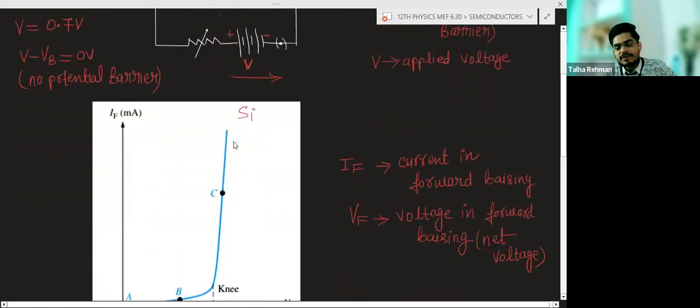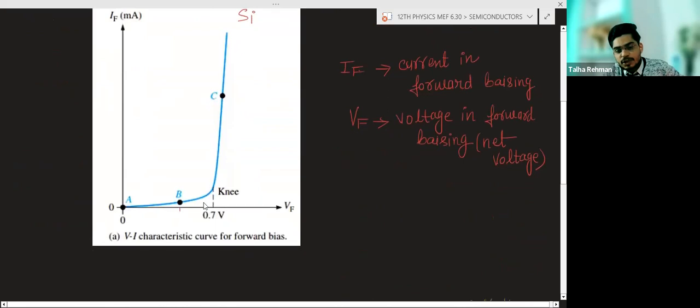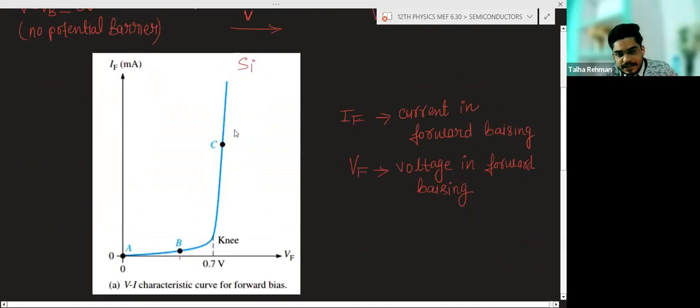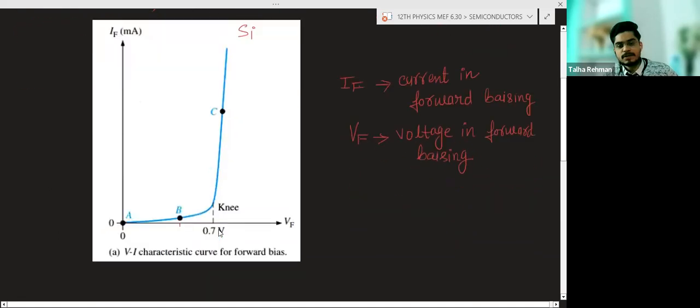Means net barrier potential will become zero, and current will suddenly increase. Basically, we cannot say this is a net voltage. Current will suddenly increase from here because the barrier voltage will become zero. So this is the theory.